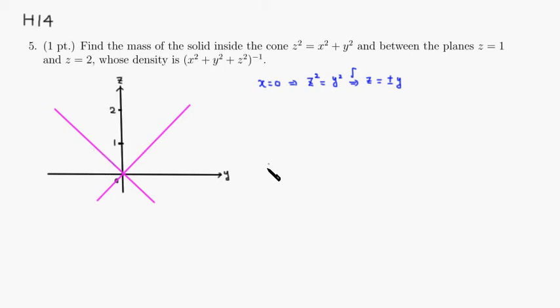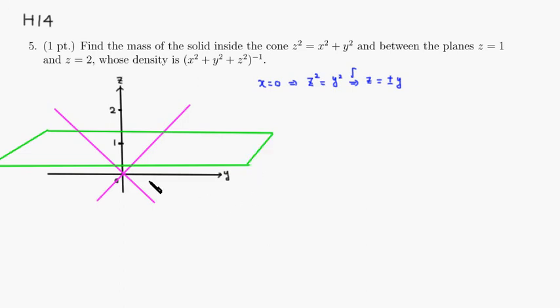Then you would have a plane, so I'm going to draw a plane which would look like this, and like this, and like that. The intersection is going to be a circle, and I'm going to draw that here. The intersection should look something like that.